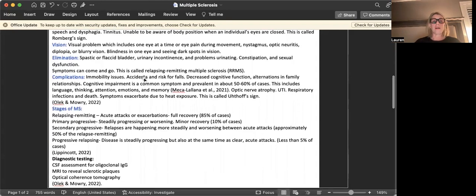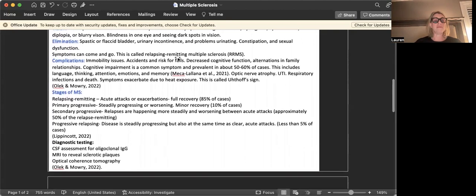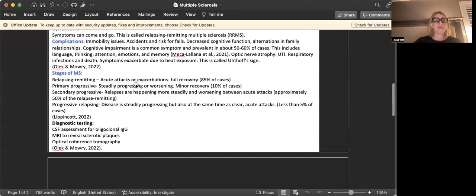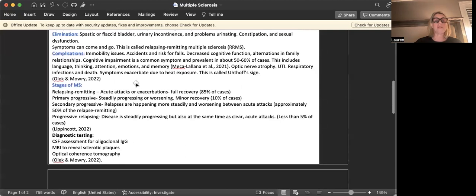So vision problems, you'll see there, blindness in one eye, seeing dark spots in vision. Elimination: spastic bladder, urinary incontinence, problems urinating, some complications. Also, symptoms can come and go.